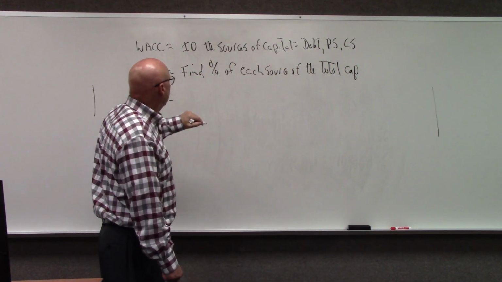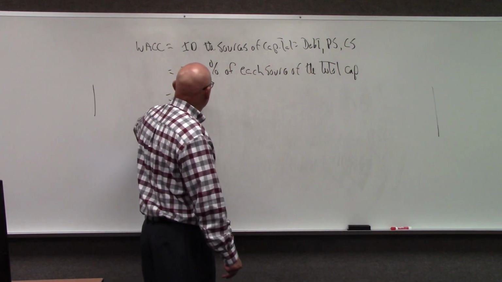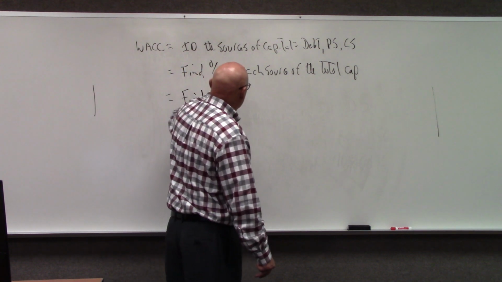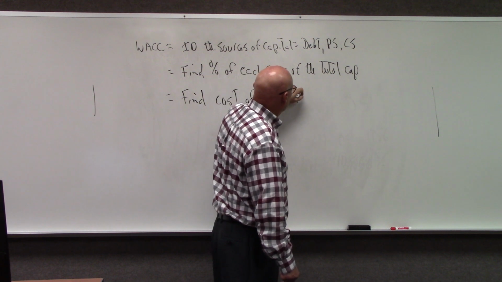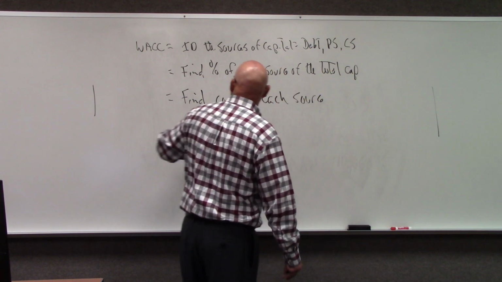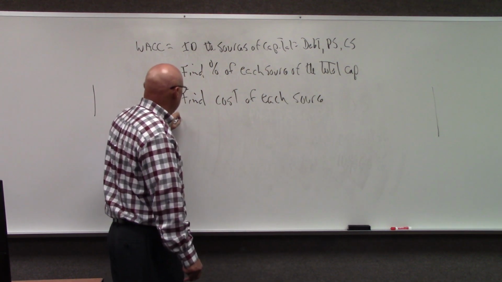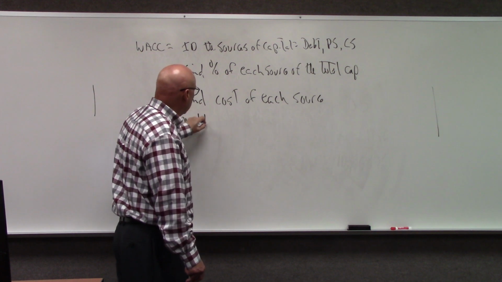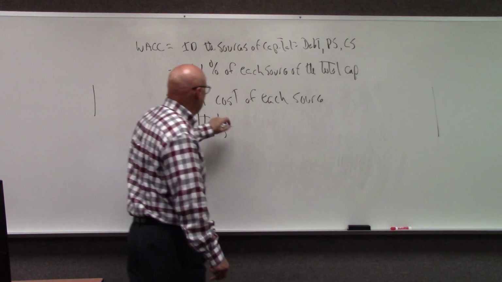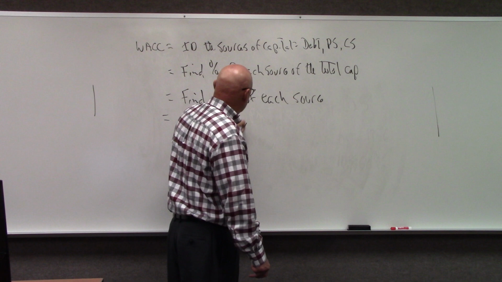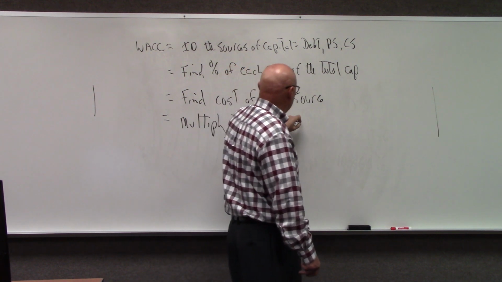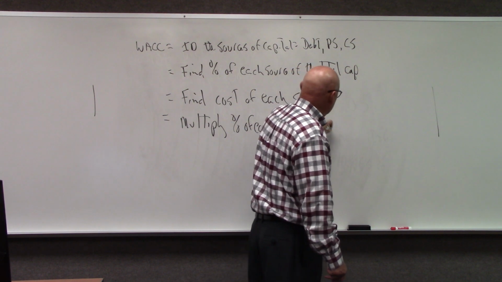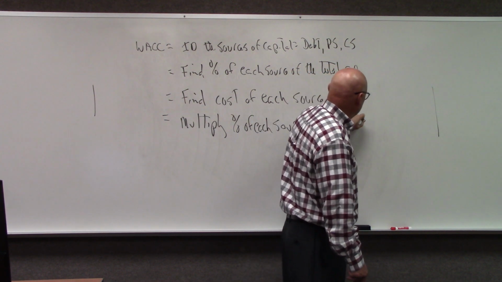Next, we need to find the cost of each source. Next, we multiply the percentage of each source by the cost of each.